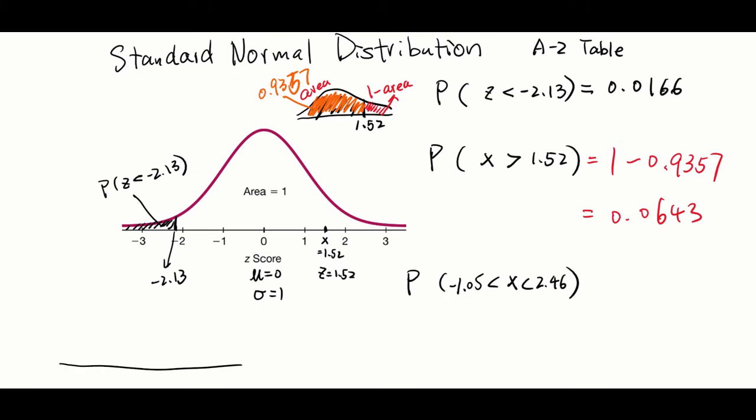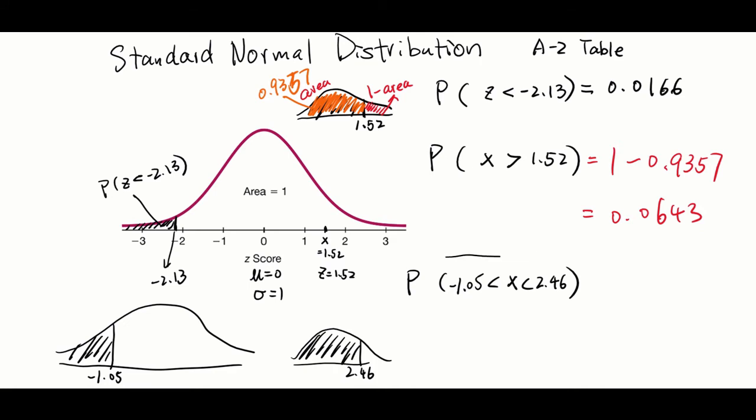So you can find the area to the left of negative 1.05, and you can find the area to the left of 2.46, because the number right in the middle is 0, right? But if I draw a chart here, with negative 1.05 and 2.46, what we're looking for is this area in the middle.